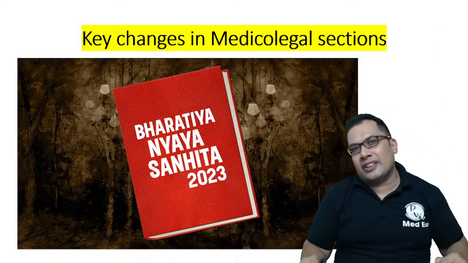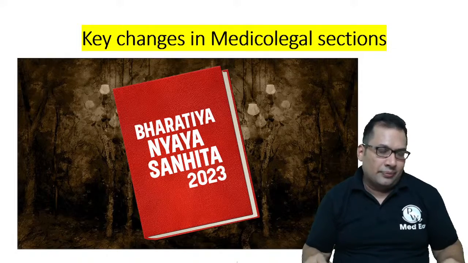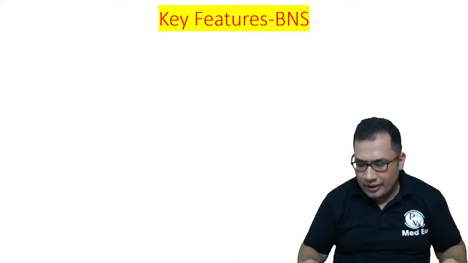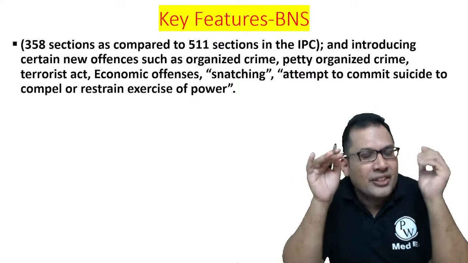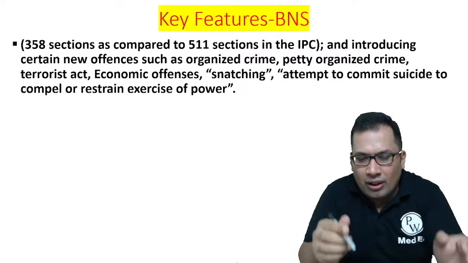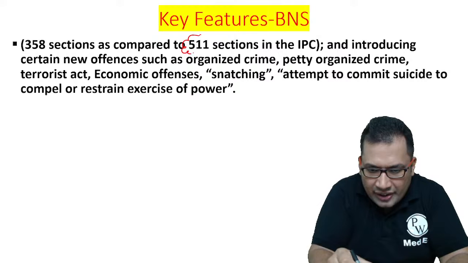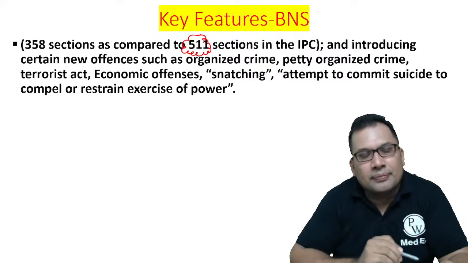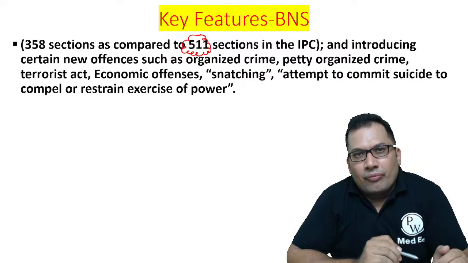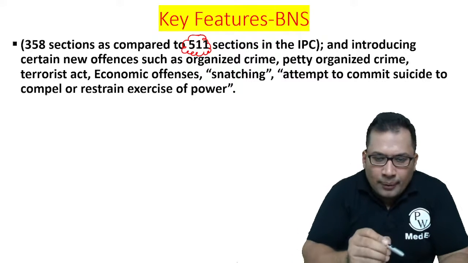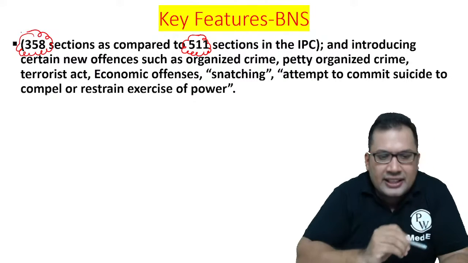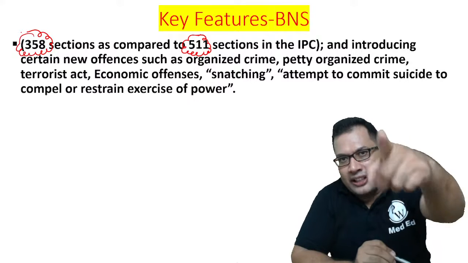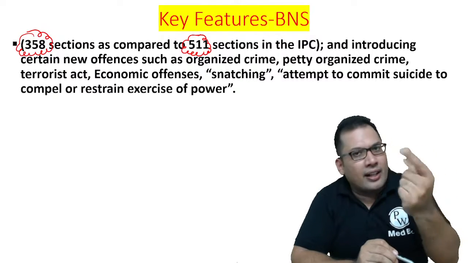What are the key changes in BNS? As you know, in IPC there were 511 sections. But in BNS, there are 358 sections. So how many sections in IPC? 511.